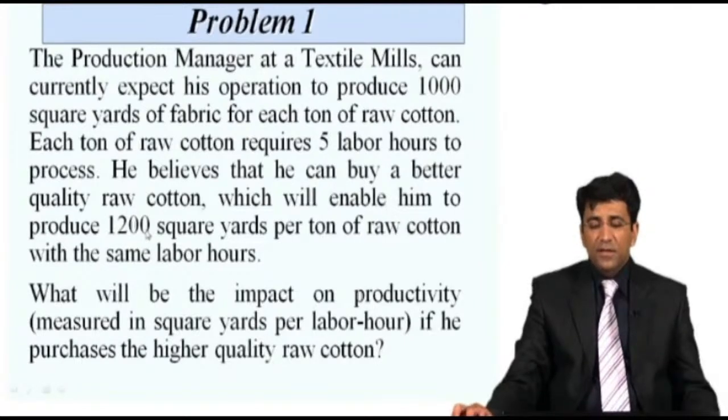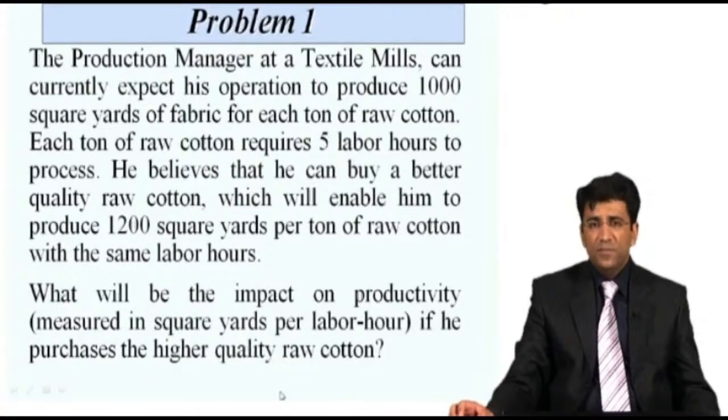Now students, if he uses some new quality raw cotton, he will be able to increase his output to 1200 square yards. So this is the new output with the use of new better quality raw cotton. What will be the impact on productivity if he purchases the higher quality raw cotton?